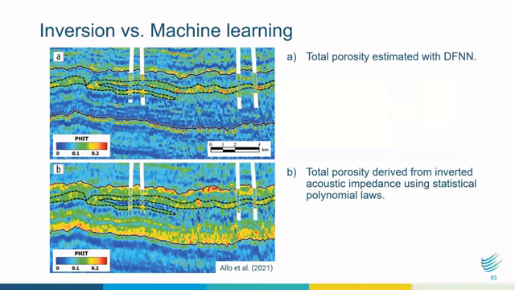On the top is total porosity estimated using this novel approach, this rock physics driven machine learning, using a deep feed-forward neural network. And picture B is total porosity derived from inverted acoustic impedance using statistical polynomial laws.